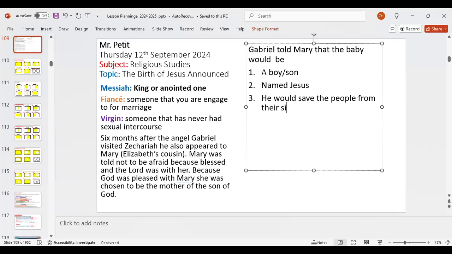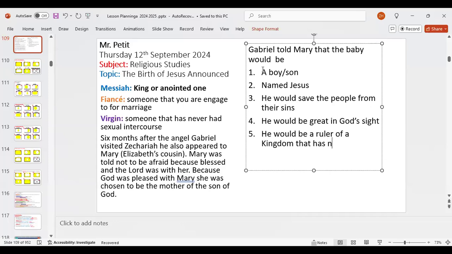From their sins. What else? He would be great, great in God's sight. He would be a ruler of a kingdom that has no end.